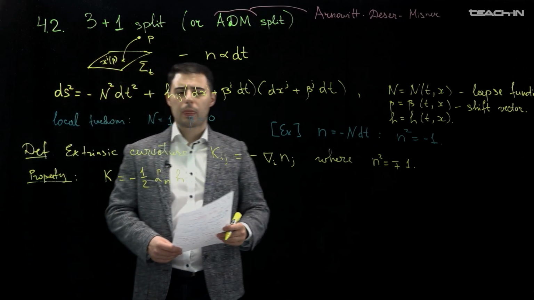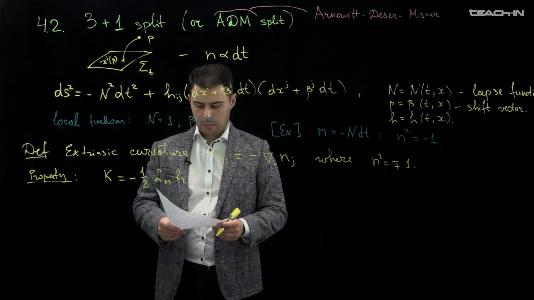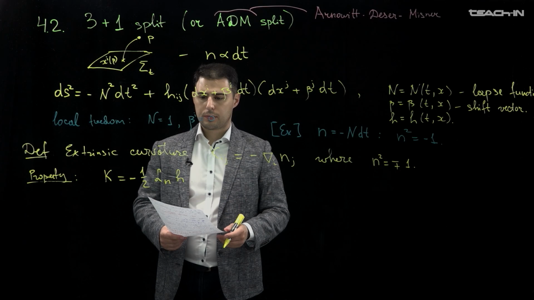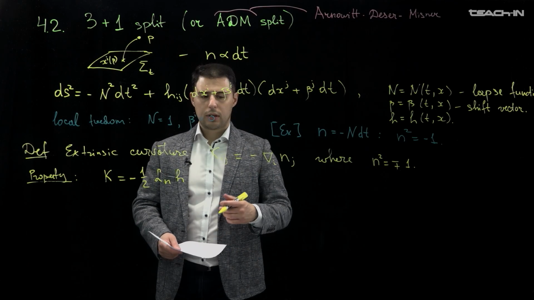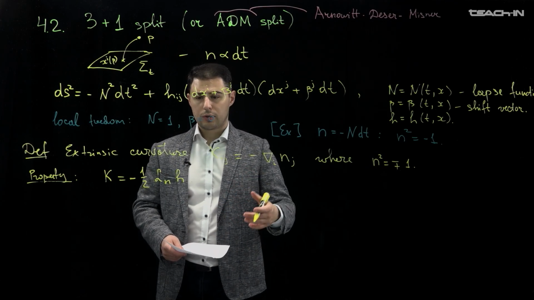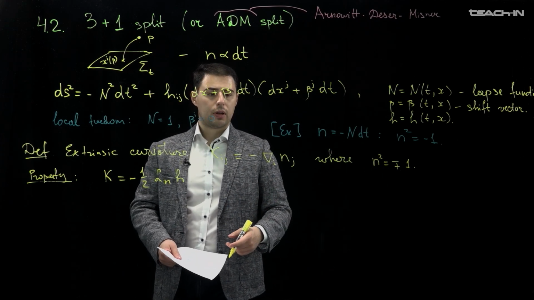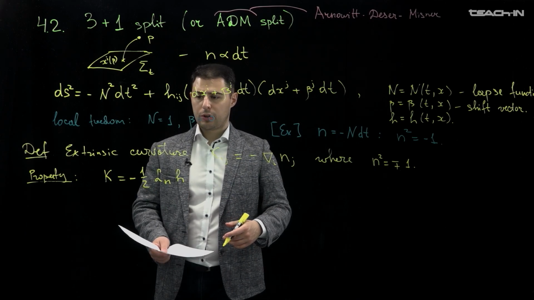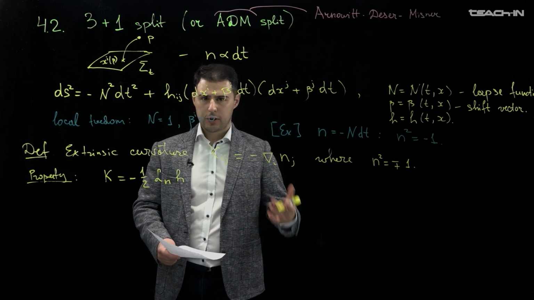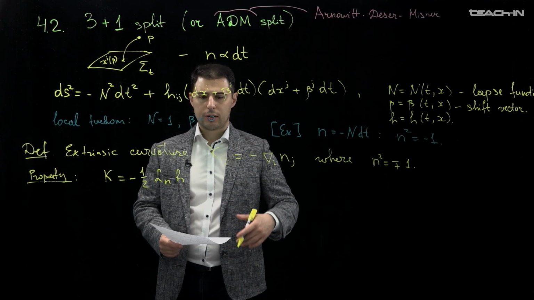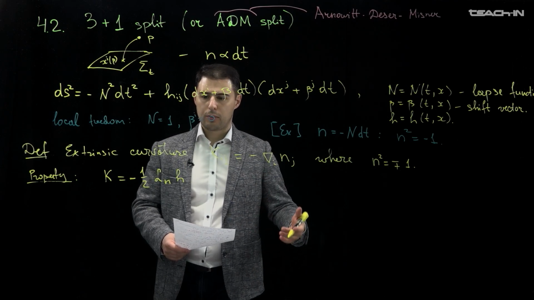This is a key property which is sometimes taken as the definition of the extrinsic curvature. In particular, both from the definition and from the property, it follows that the extrinsic curvature is a symmetric tensor, as well as it satisfies a number of further properties, including properties on its derivatives.